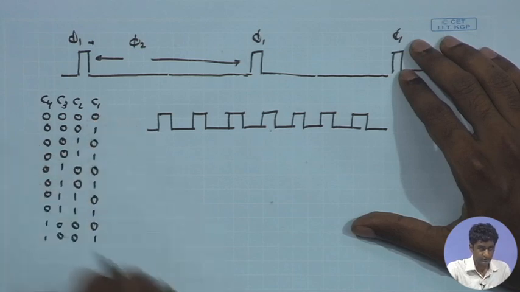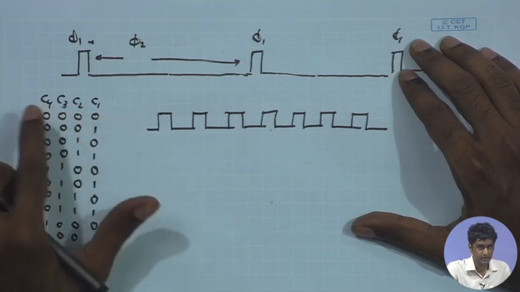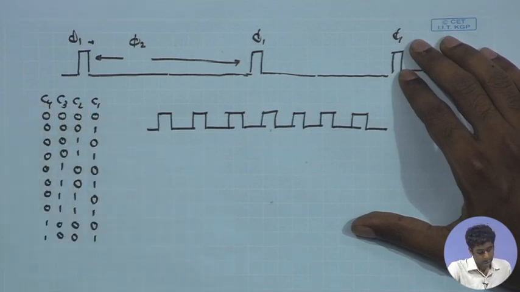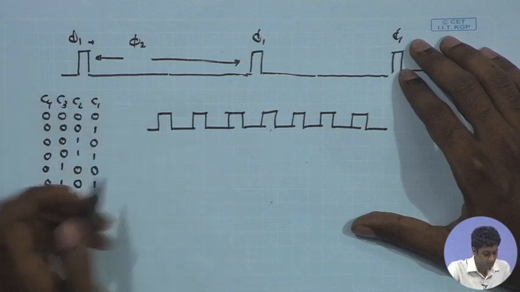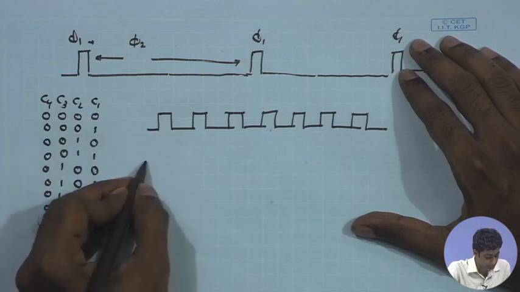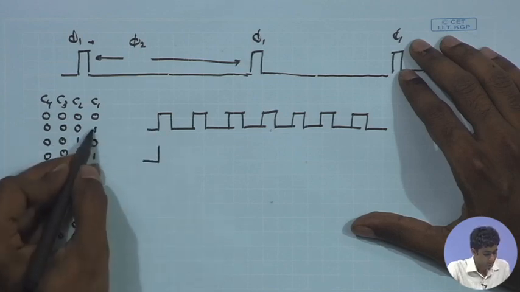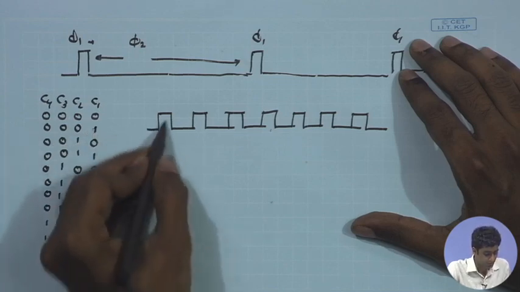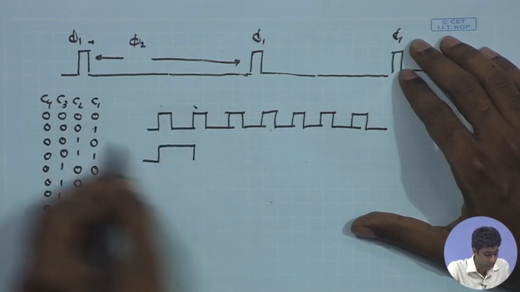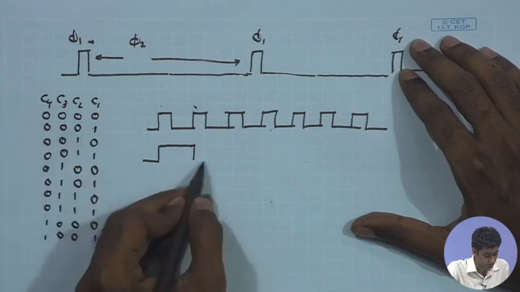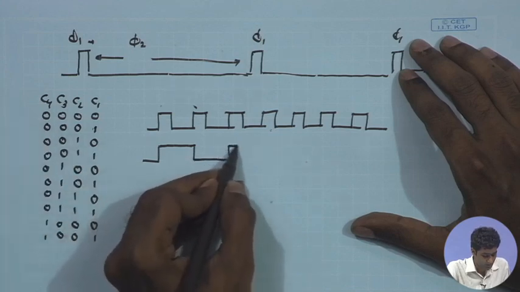So, C1 is the first bit LSB, C2 is the second, third, fourth bit and so on. Here for C1, what we see is that it is going to start with 0 and at the first edge suppose it goes to 1, at the second edge of the clock after one period it goes to 0 again, after the third edge of the clock it goes to 1 again and it keeps repeating.